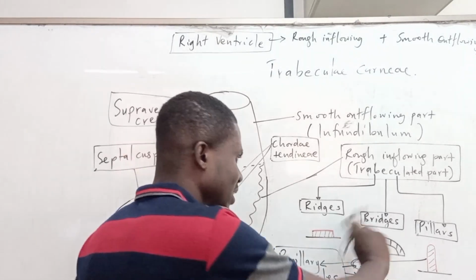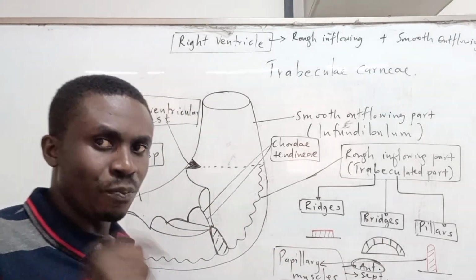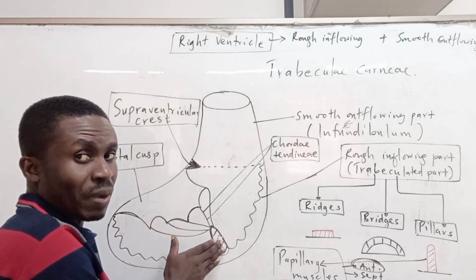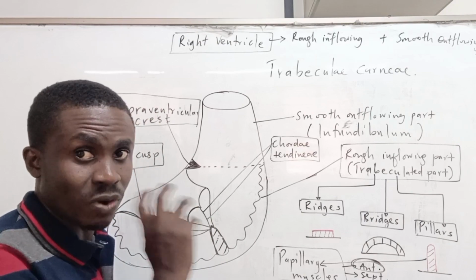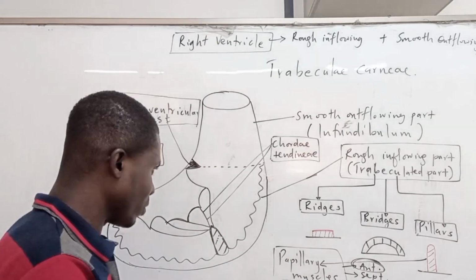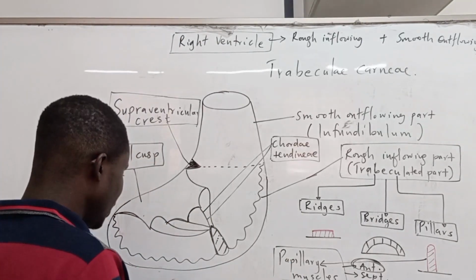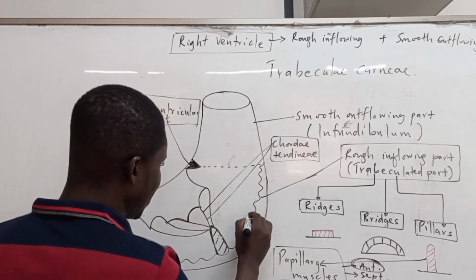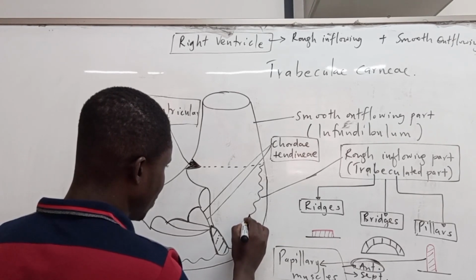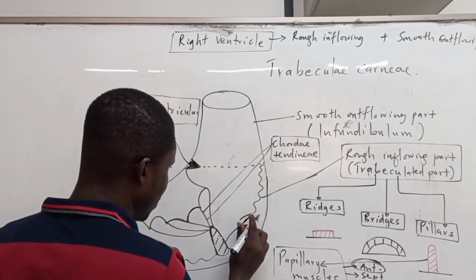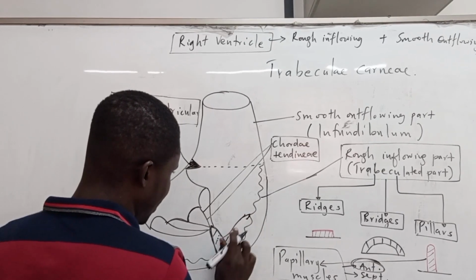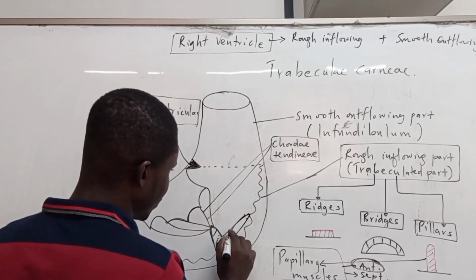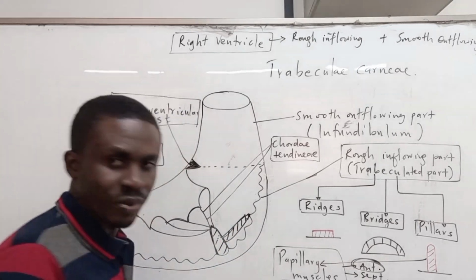Now, how about the bridges? To talk about the bridge, I will change this papillary muscle. Although it's supposed to be a septal papillary muscle, I want to make it an anterior papillary muscle for now, for the illustration of a concept. Now, look at it.